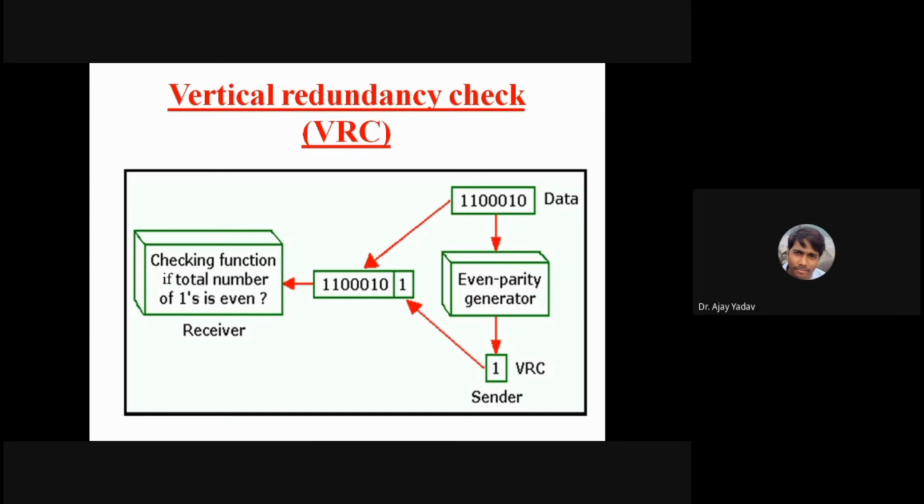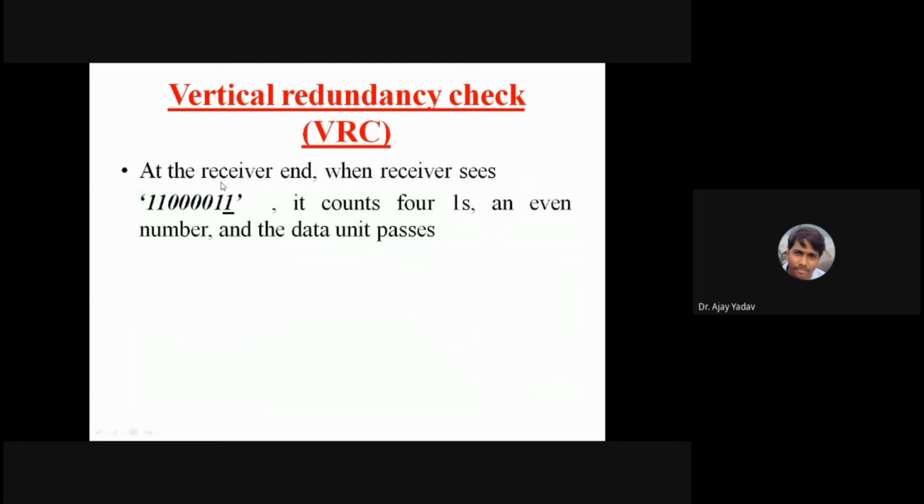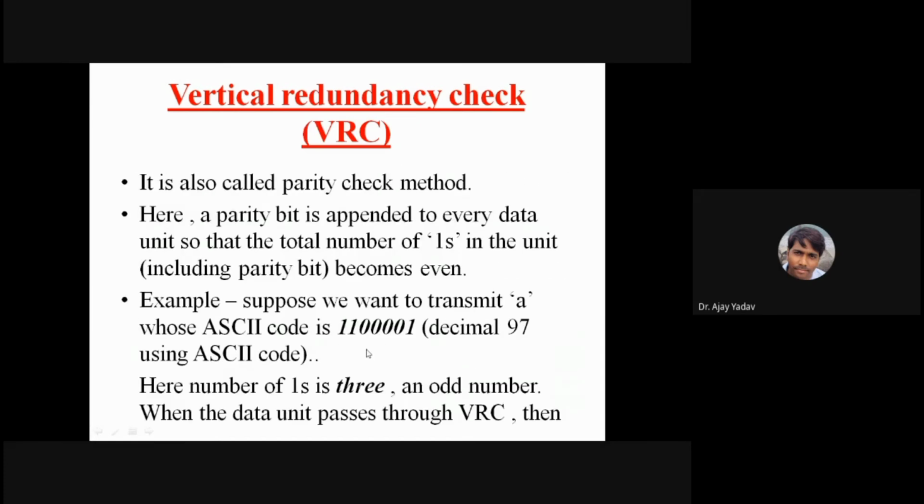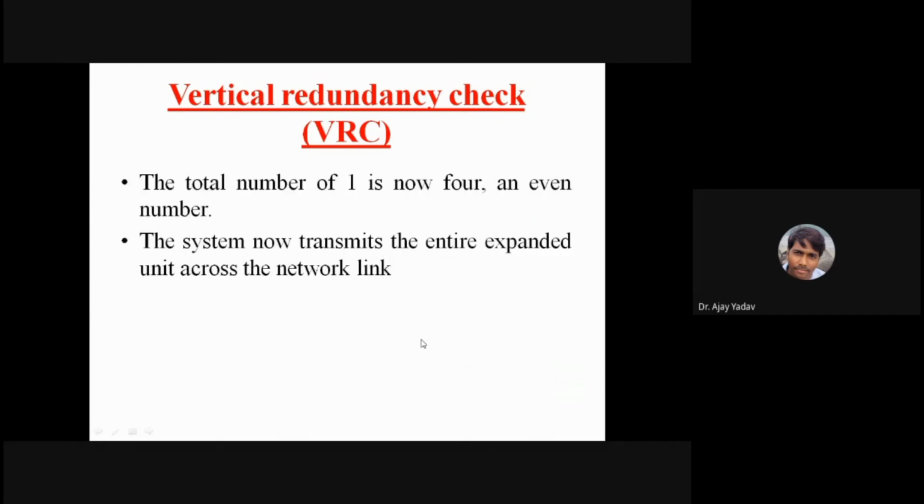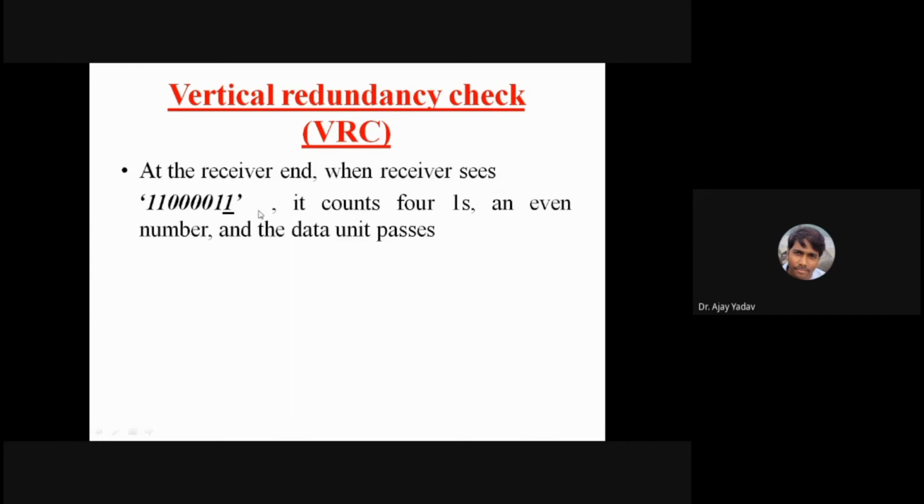If an even number of ones is already there, then 0 will be introduced. So at the receiver, what will the receiver receive? See what was transmitted. This was transmitted: 11000001. Since there was an odd number of ones, the parity checker will introduce another one here.